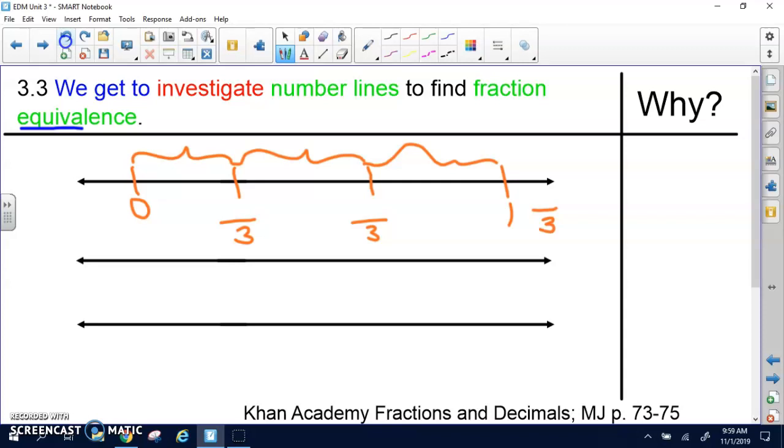How many of these parts have I counted up to? 1. And how many have I counted here? Yes, 2. And then how many have I counted here? Yes, 3. So when we look at this, this can be 1/3, 2/3, 3/3. Thumbs up, thumbs sideways, thumbs down about this being a counting operation. Starting with 0. You always start at 0.